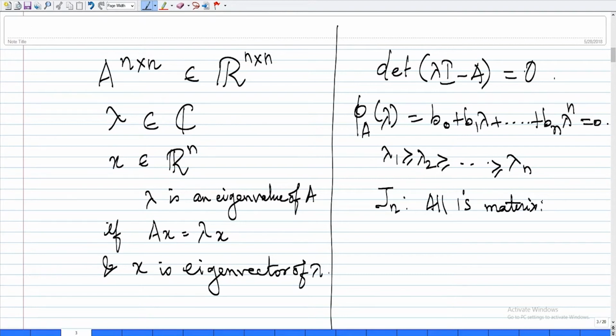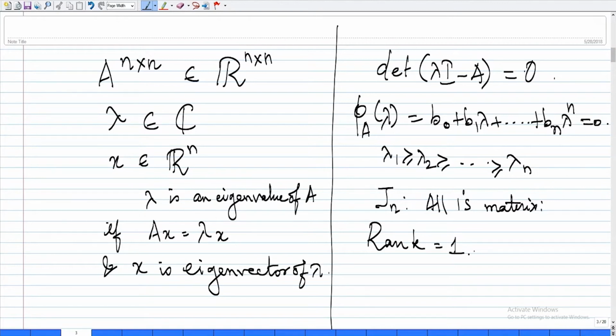The number of non-zero rows in the echelon form of the matrix, right? But we are given Jn, so what will be the echelon form for it? Except the first row, everything else is going to be 0, right? So what is the rank of this matrix? 1, right. So the all ones matrix is going to have rank 1.